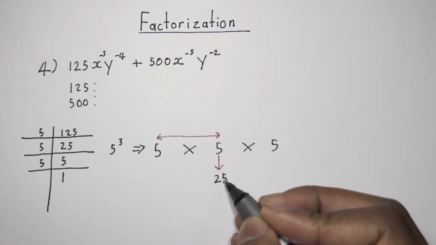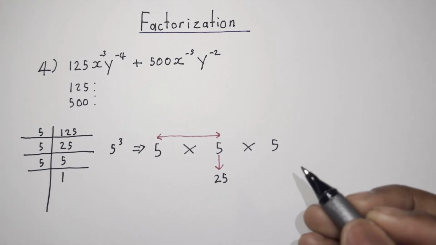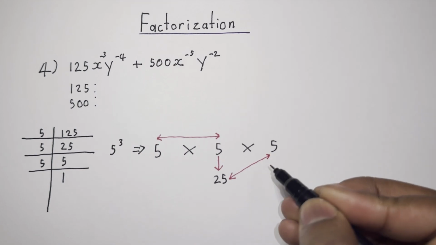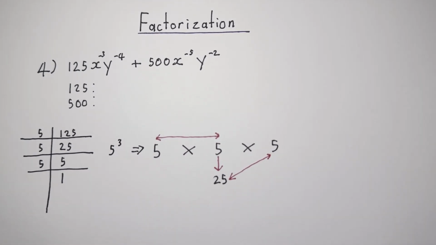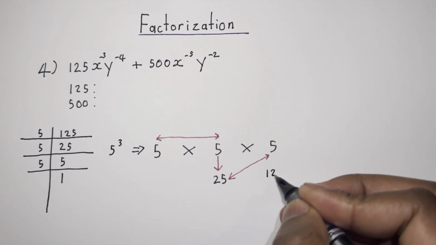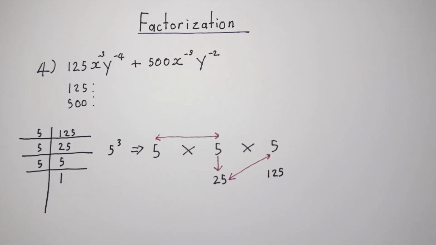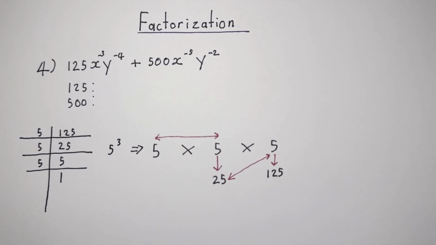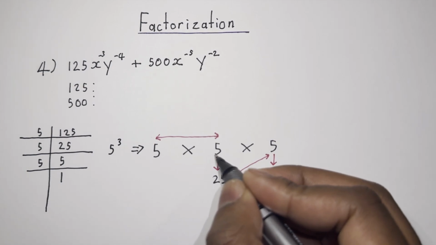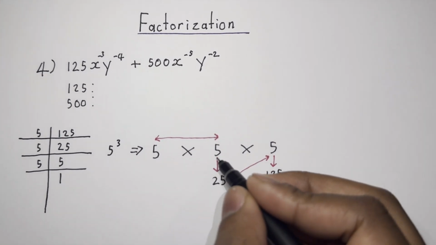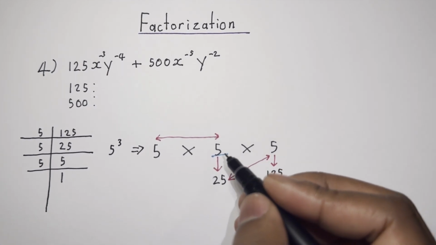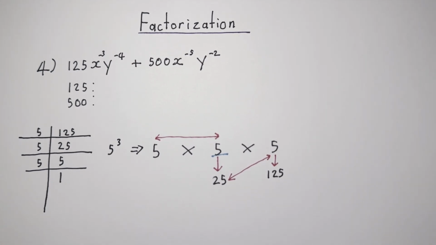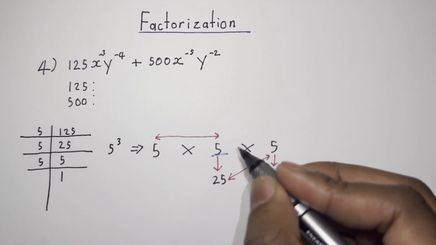Now we are going to use this 25 and multiply it by 5. 25 times 5 gives us 125. Now we're going to move to this digit. 5 times 5 gives us 25.